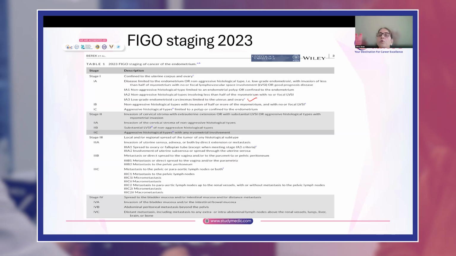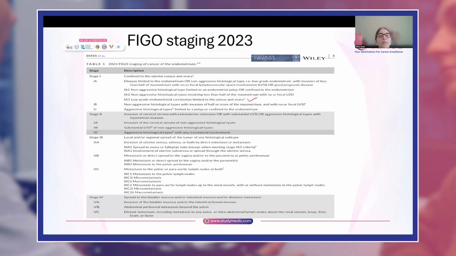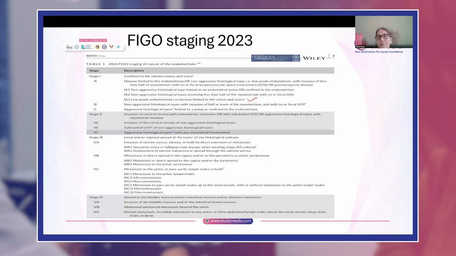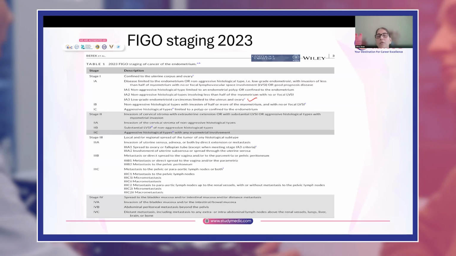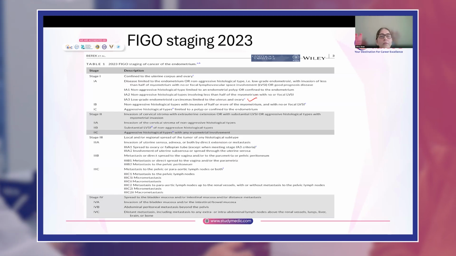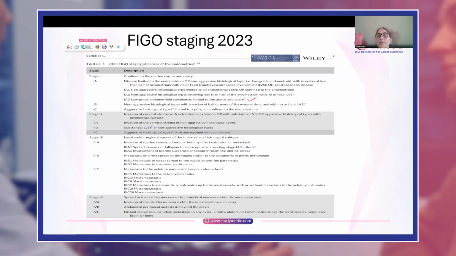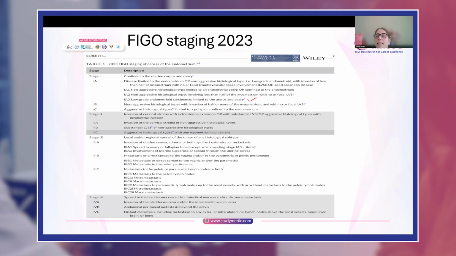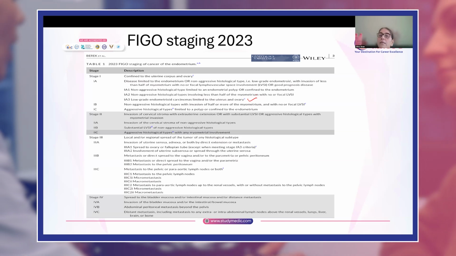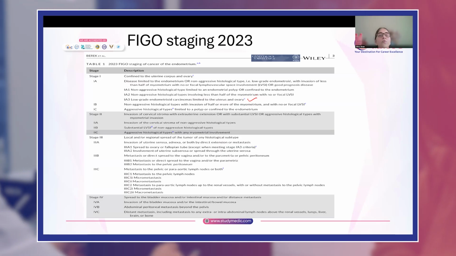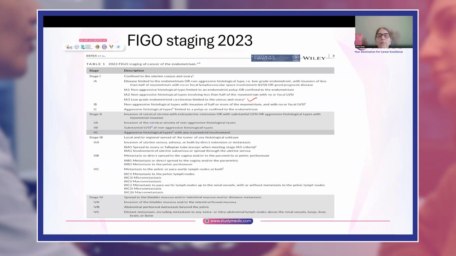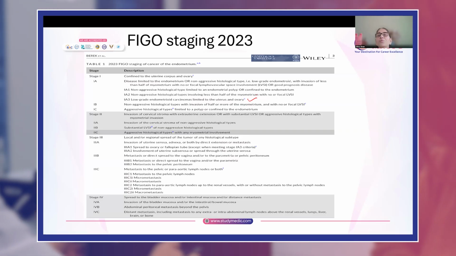In that, 2A means only cervical stromal invasion, and it should be a non-aggressive histological type. 2B, whenever there is LVSI of non-aggressive histological type. And 2C means any aggressive histology, anything other than endometrioid grade 1 or 2, with any type of myometrial invasion. It becomes stage 2C.